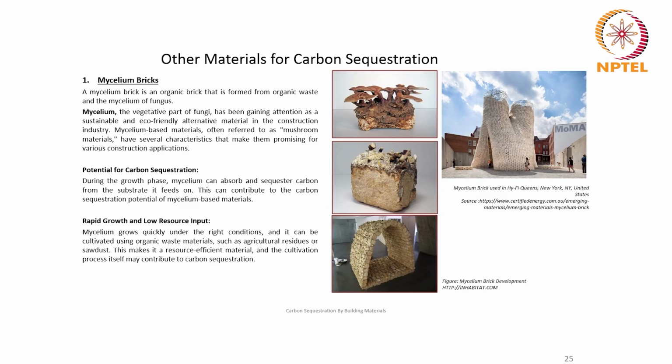By using mycelium, there is a huge reduction in the reliance on fossil fuels, the embodied energy required for fabrication, and a massive reduction in the building waste which is left at the end of the product's life, as the mycelium product is 100% biodegradable and can be used as soil.